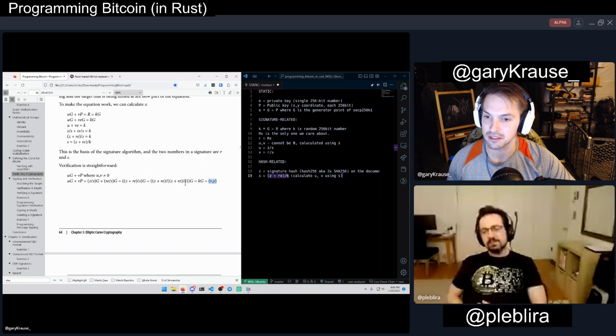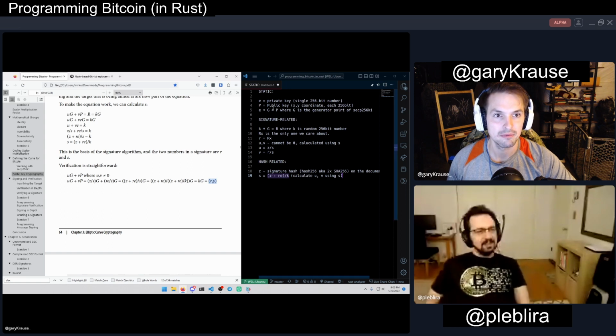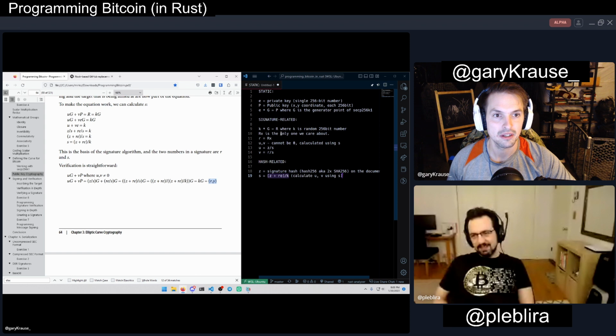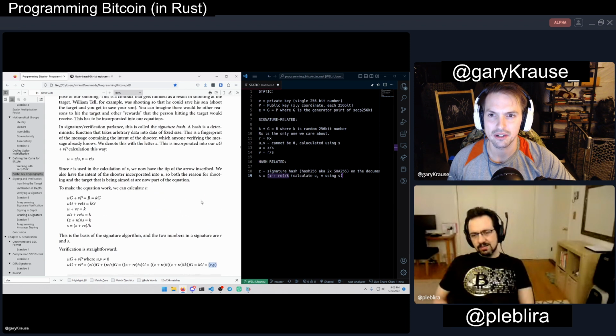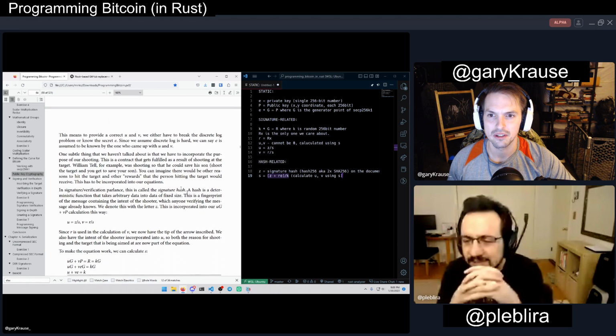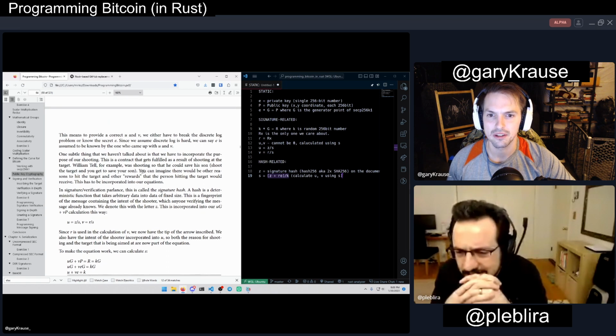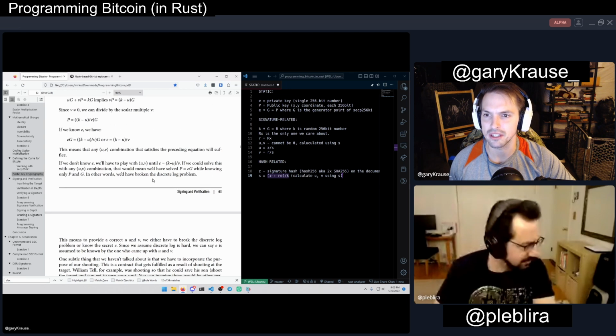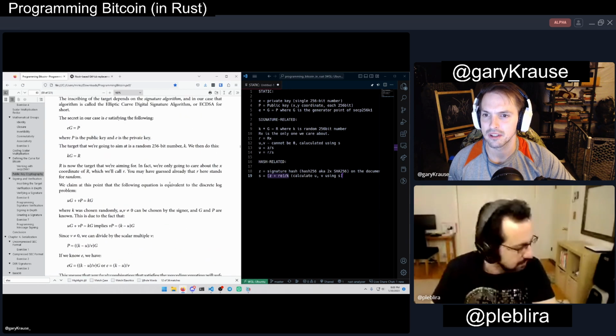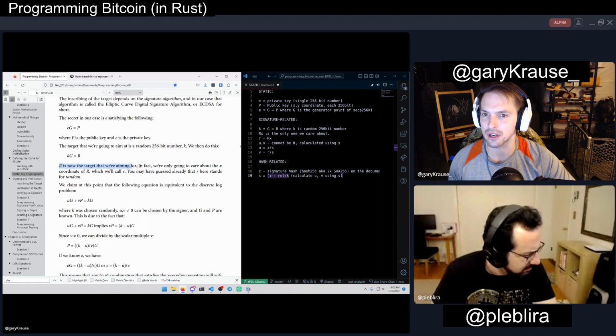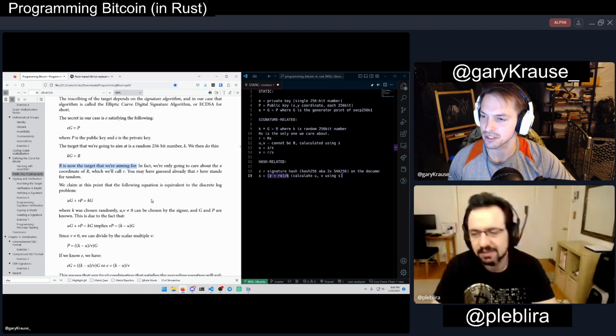Because that is R, uppercase R, which is our target. Yeah, R is now the target we're aiming for.